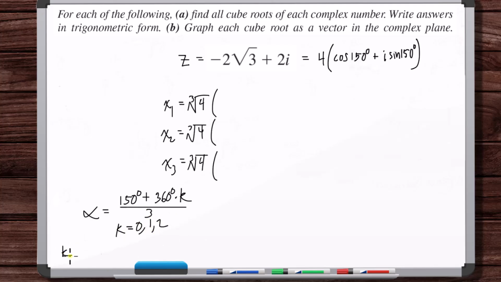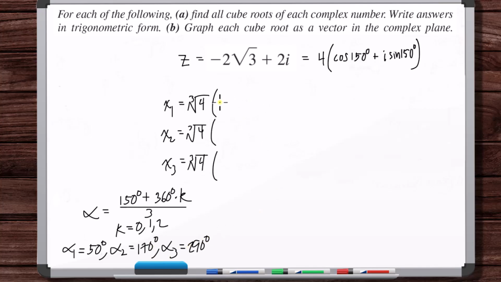So with k equal to 0, that's going to be alpha 1. We've got what? 150 divided by 3 is, okay, 3 times 5, yeah, it's 50 degrees. So alpha 1 is 50 degrees, and then they're going to be spaced 120 degrees apart. So the next one is going to be 170, and alpha 3 is going to be 290.